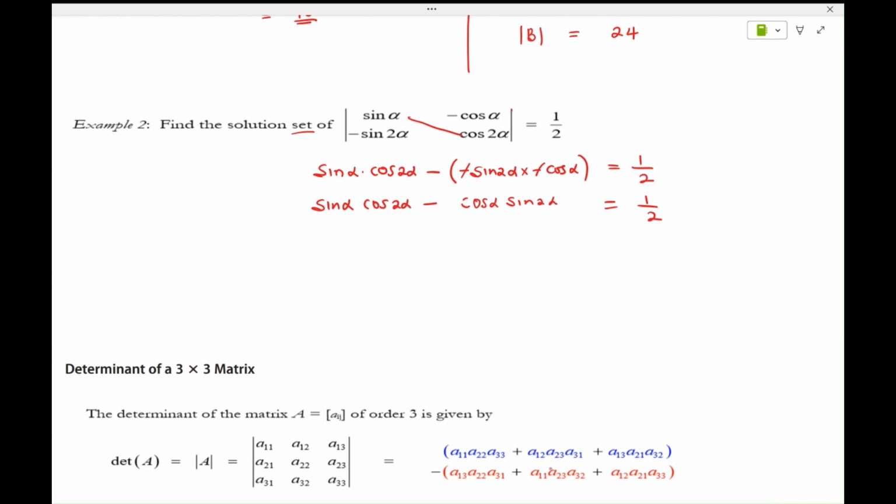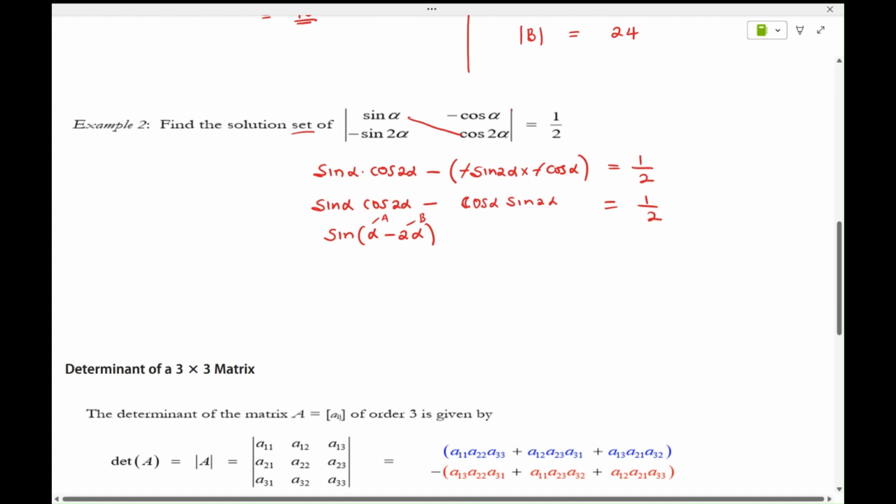Now, if you remember this is the difference of angles from when we did trigonometry, you will see that this is nothing but sine of alpha minus 2 alpha. Remember, because we said sine A minus B is the same thing as sine A cosine of B minus cosine of A sine of B. So alpha in this case is our A, and 2 alpha is the B.